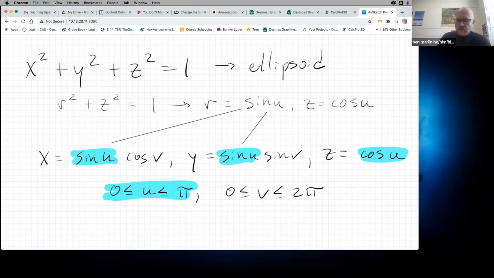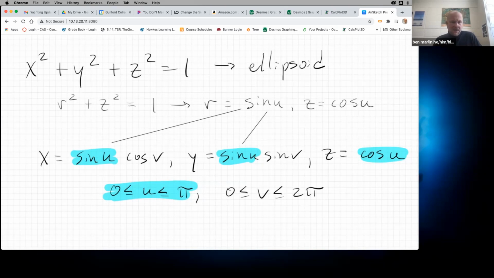So looking here, we've got x squared plus y squared plus z squared equals 1, and the graph is going to be a sphere with a radius of 1, but it's going to be an example of something where we've got an ellipsoid. So in graphing, or in parameterizing something that is an ellipsoid, we're going to try to look at those things in a way that will be more or less organized, right?